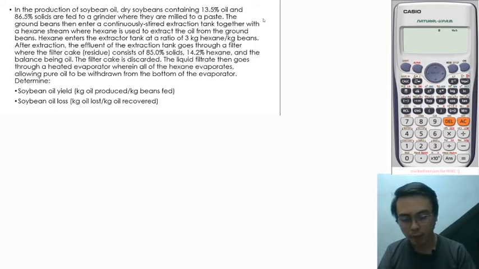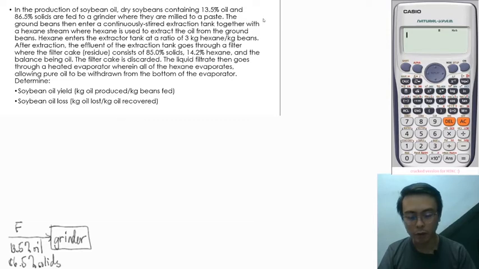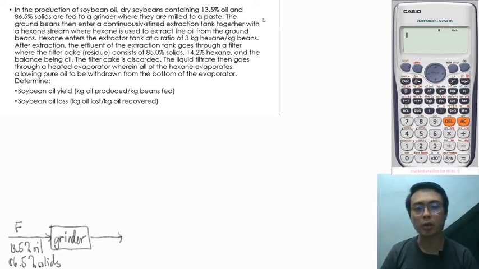So we have a grinder, and soybeans enter with 13.5% oil, and the balance is solids, 86.5%. And of course, you are simply grinding the soybeans, so there will be no change in its composition. After it gets out of the grinder, it's still 13.5% oil.